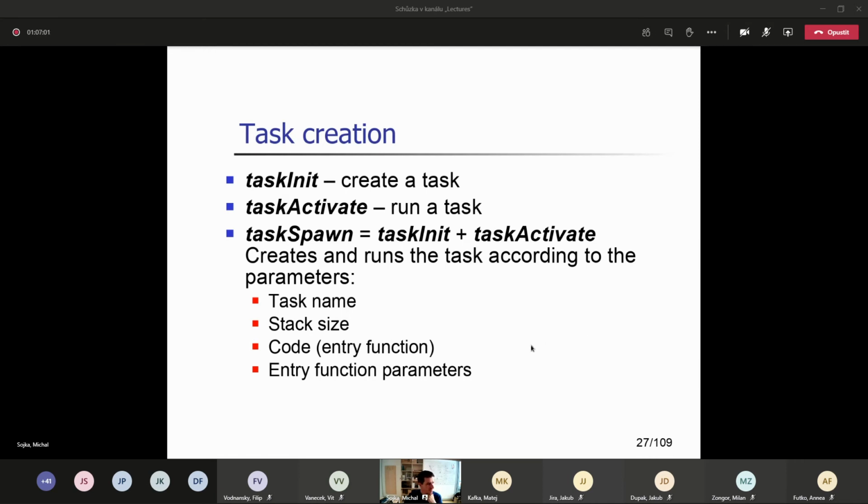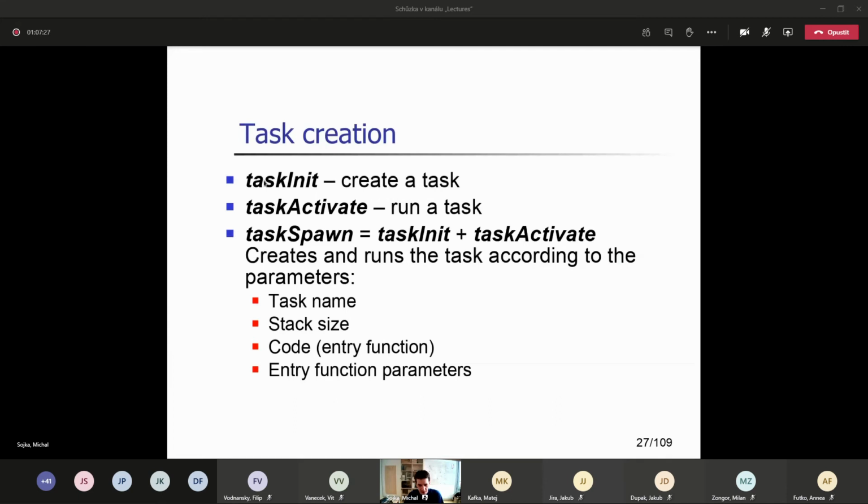So why is task spawn not sufficient? Because in the example you have seen last week, task spawn was sufficient. Sometimes you need to create multiple tasks, and creation of a task usually means allocating memory.